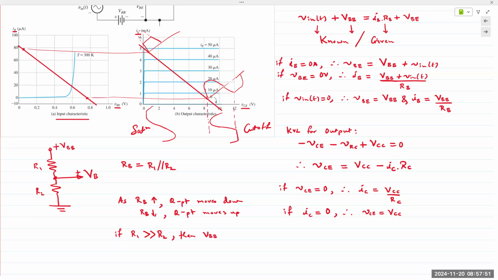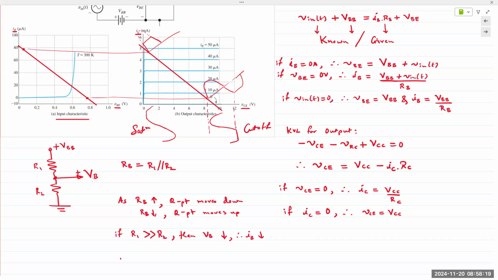Let me write it this way, because this is going into the base for a voltage divider network. Your base voltage VB decreases because R2 is less. And if VB decreases, then IB decreases. If IB decreases, you're moving down.